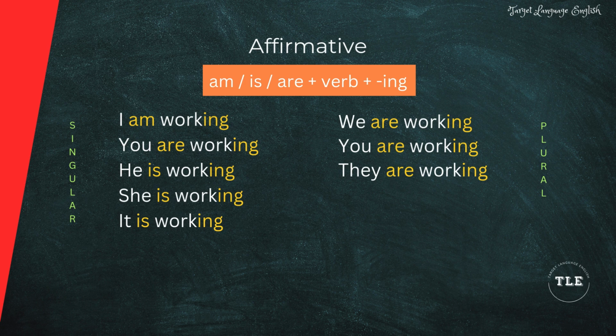It is working. Plural, we are working. You are working. They are working. It is important to remember that we only change the helping or auxiliary verb be. The main verb remains the same. In our example, working is the same for all subjects.